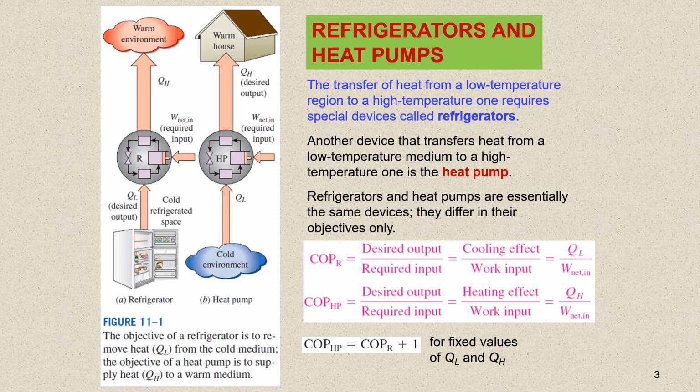These relations can also be expressed in rate form by replacing the quantities Q sub L, Q sub H and W net in with Q dot L, Q dot H and W dot net in. Notice that both COP sub R and COP sub HP can be greater than 1.